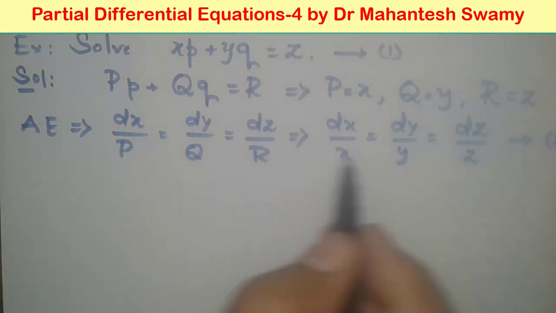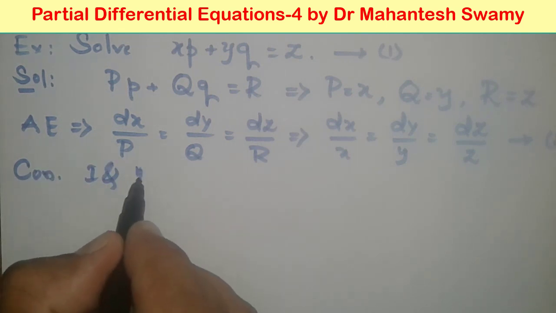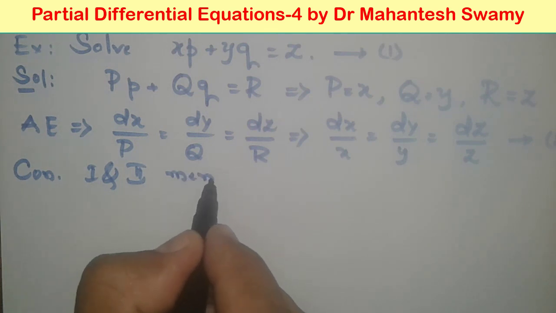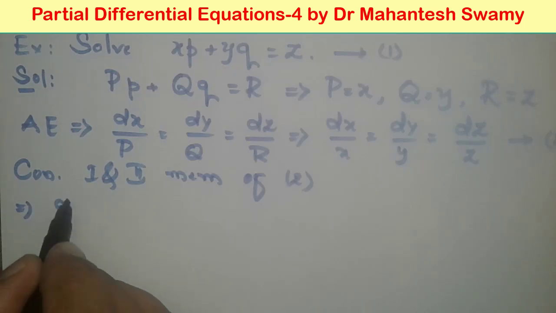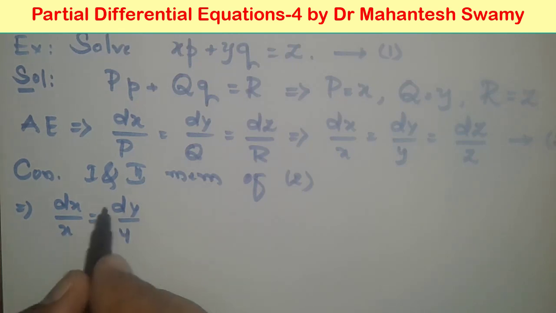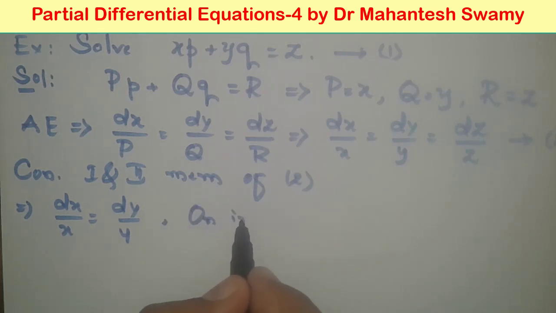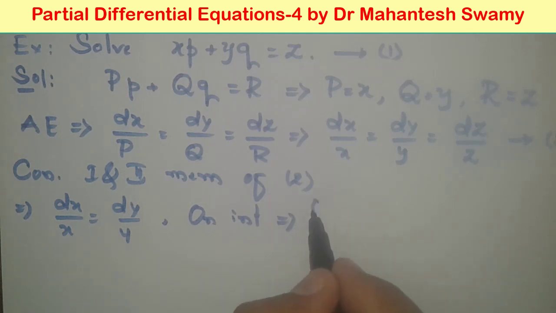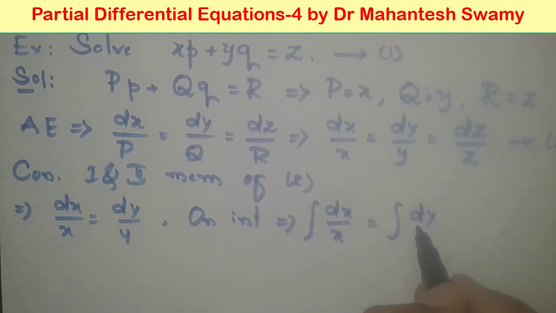We will consider the first two members. Consider first and second members of 2, that implies dx by x equals dy by y. So it is very simple. This is now in the variable separated form. Therefore directly we can integrate. On LHS, integration of dx by x, on RHS, integration of dy by y.